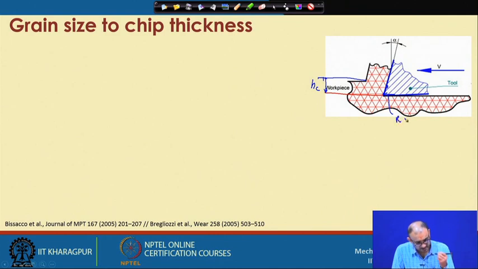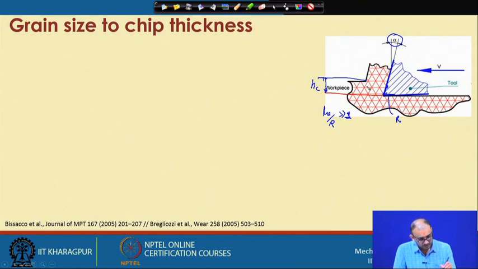Here, HC by R is very large compared to 1, because your HC is very large compared to R. So, it removes the material very efficiently, and this is your rake angle.